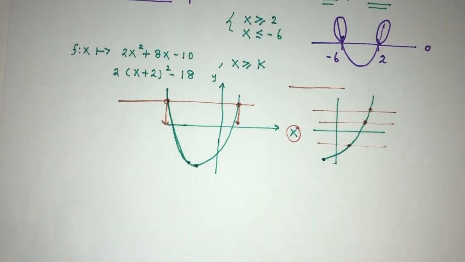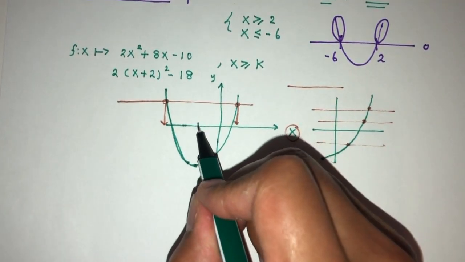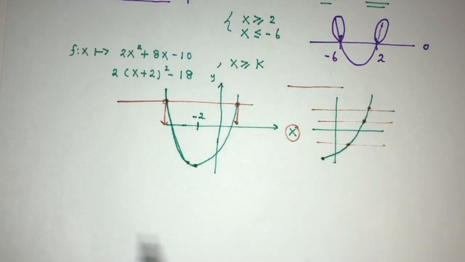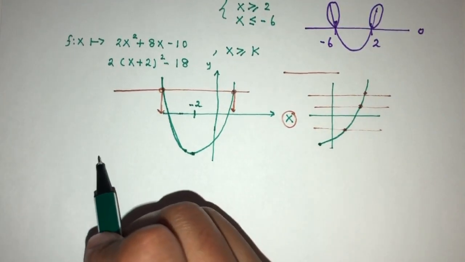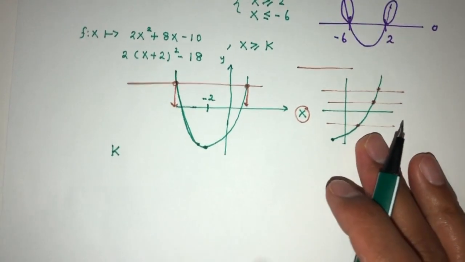So the idea is that it's pretty simple. Whenever you have this question, you have to think about the stationary point. In this case, it was a minimum point, and the value of x here was minus 2. So we understand that this can only happen when k has to be what? The least value of k will be minus 2.